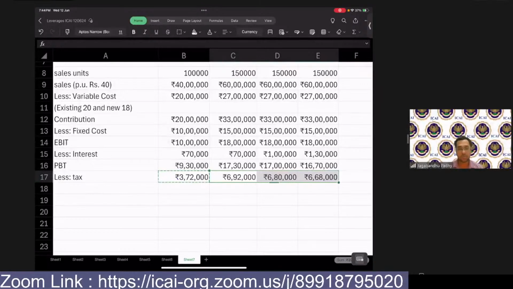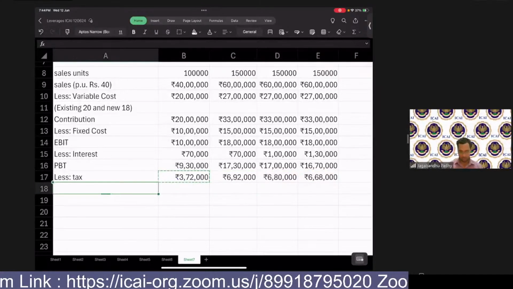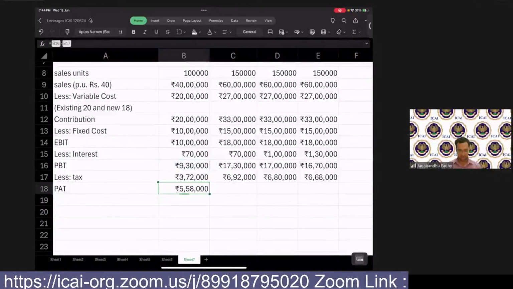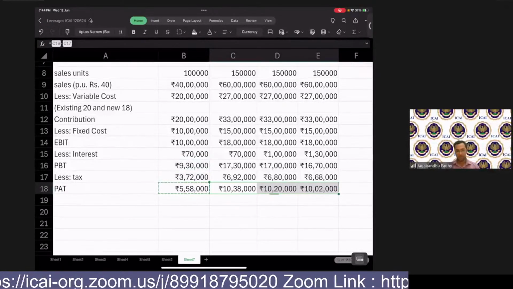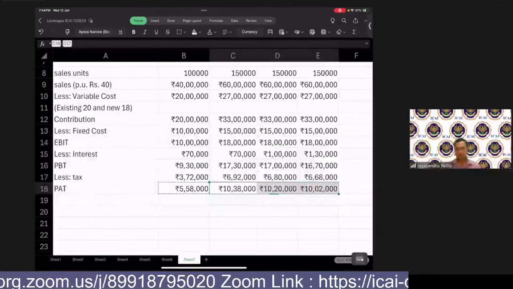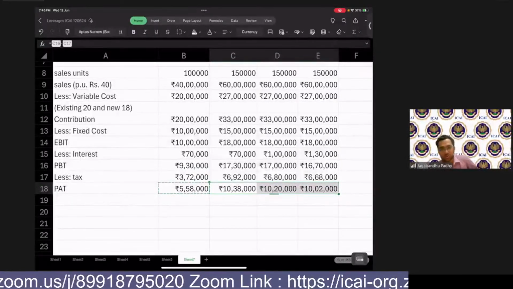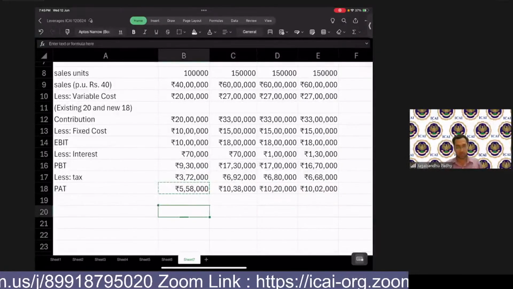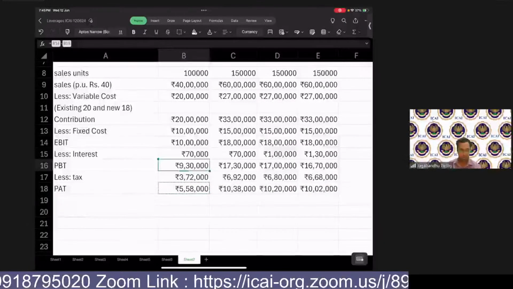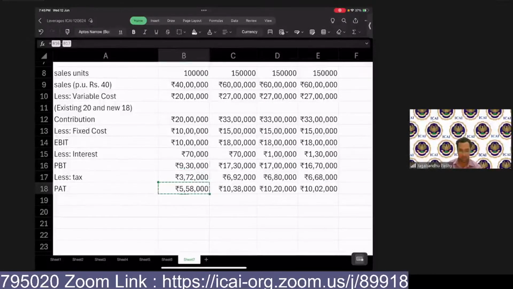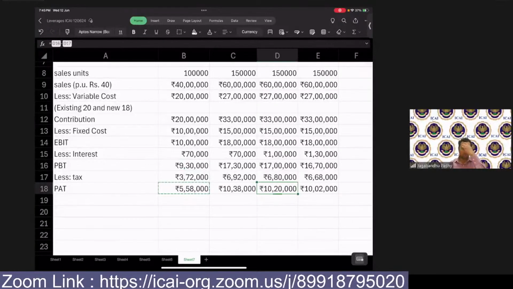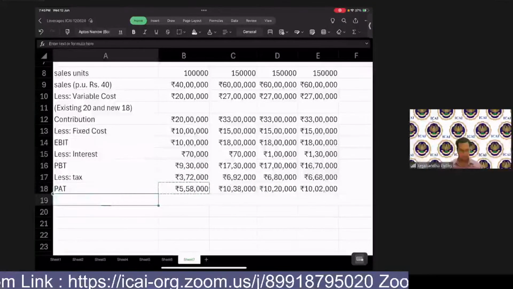That's the tax amount. Then finally, we have the profit after tax: 9 lakh 30 minus 372, 558, 10 lakh 38, 10 lakh 20,000, and 10 lakh. PBT is what we have, taxation is subtracted, and then PAT is what we get. So as far as PAT is concerned, these are the numbers.